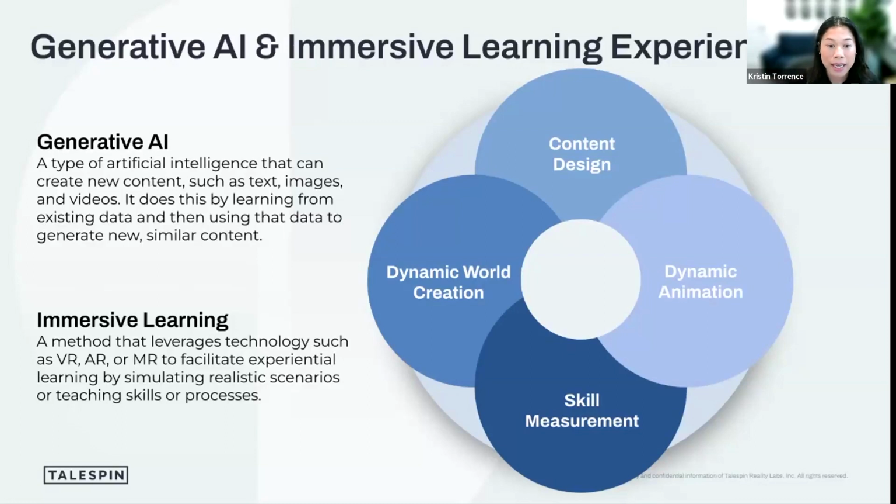We'll then dive into dynamic world creation, so concept art generation and virtual environments. Then we'll move into dynamic animation, and this has to do with animating virtual humans for the immersive learning content. And then skill measurement, which is probably my favorite topic to talk about, using generative AI to measure learner performance within immersive modules.